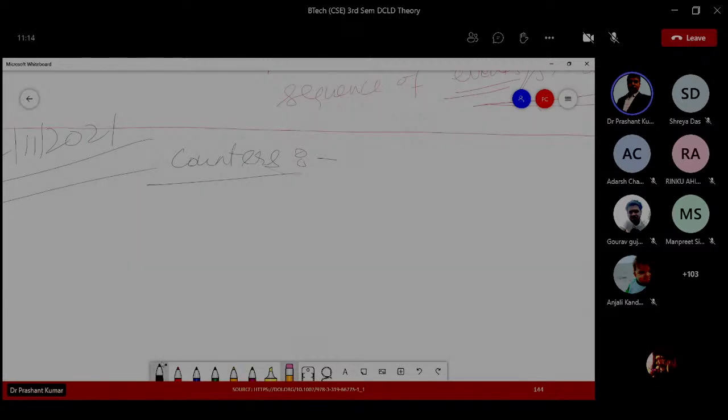So if we note it down, a register that goes through a prescribed sequence of states is called a counter.